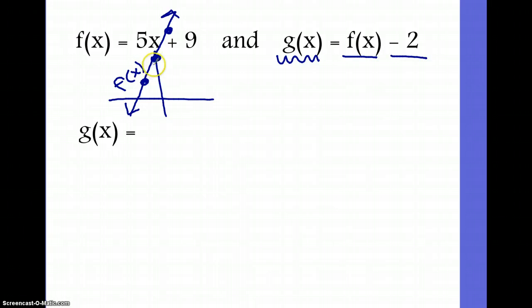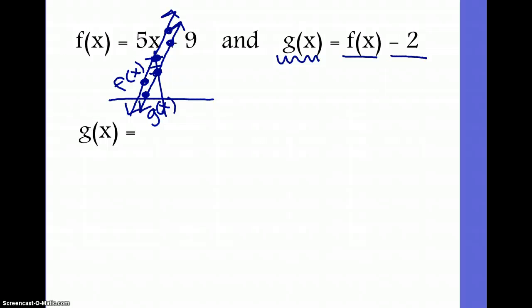So start at f and go down 1, 2, and there's g. So what we're going to do is get the equation for g, but we're going to do it without using a graph.